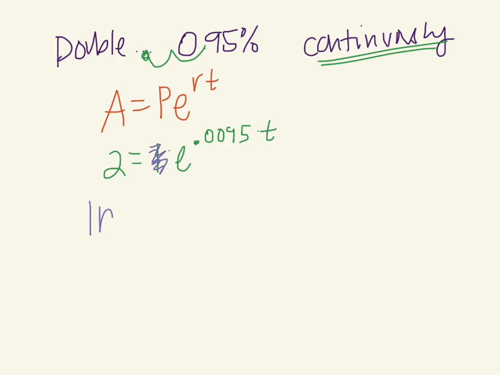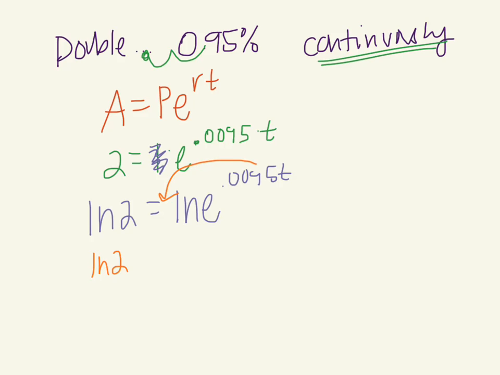Now we can use ln's on both sides. ln e to the 0.0095t. You can bump that out front, well, just on the right.